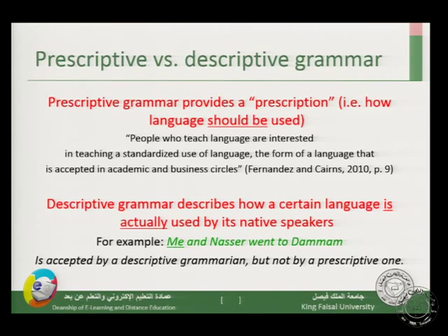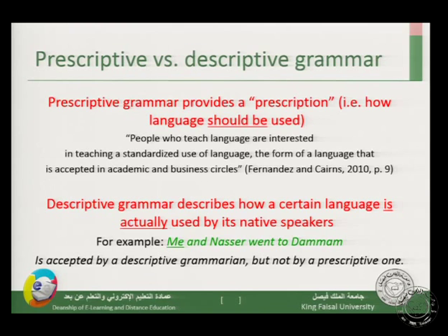On the other hand, descriptive grammar describes how a certain language is actually used by its native speakers. So you see in grammar books that language is prescribed rather than described. They tell you in order to create a sentence in English, you have to have a subject, you have to have an object, you have to have a verb in between, etc.